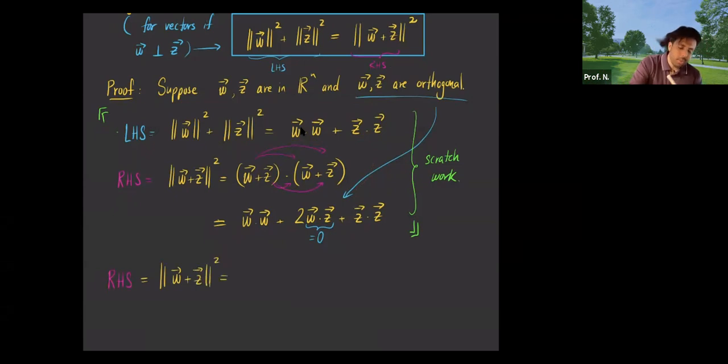So W plus Z, the norm squared, is W plus Z dot product with W plus Z, right?